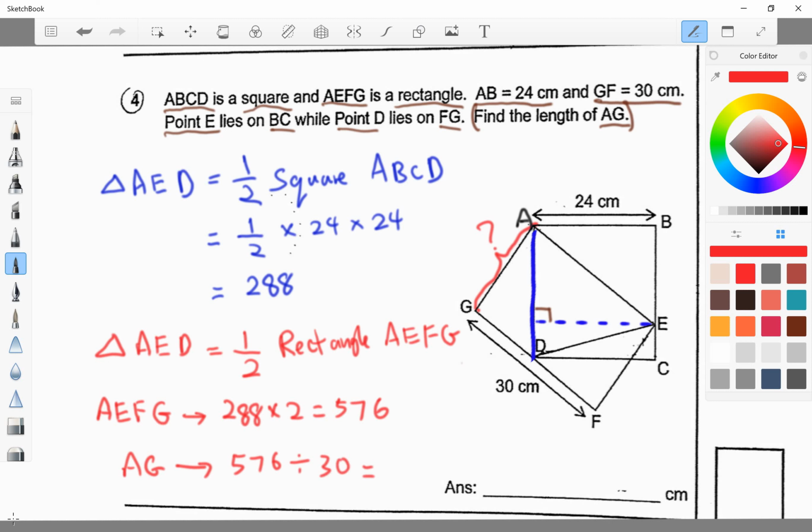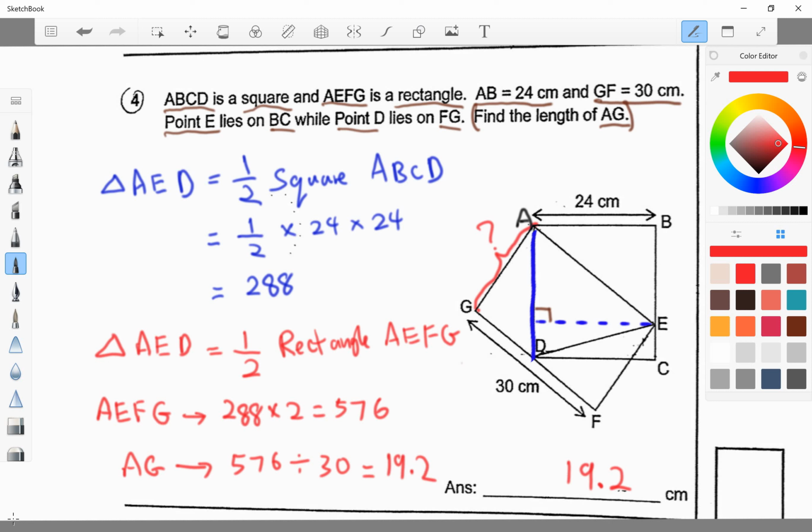So I'll just key this into the calculator, and finally the answer is 19.2. Alright, 19.2 centimeters is the answer for AG. I hope that everyone managed to find out the answer.